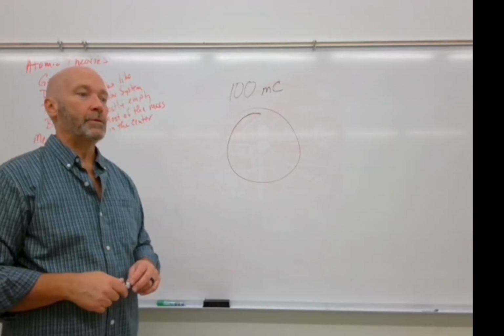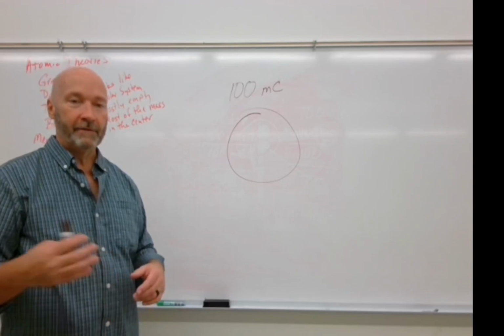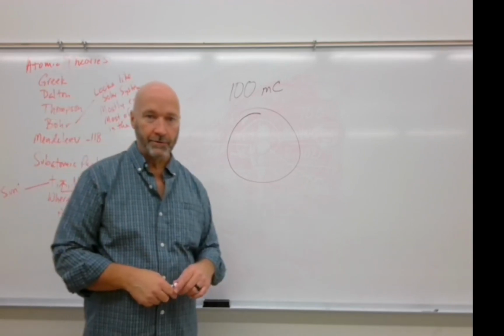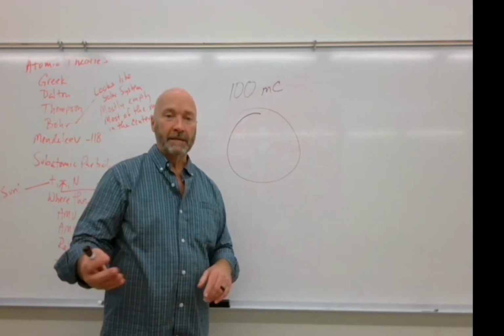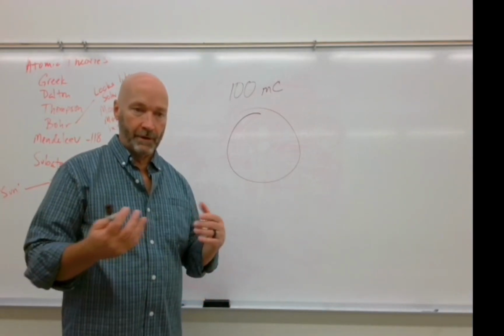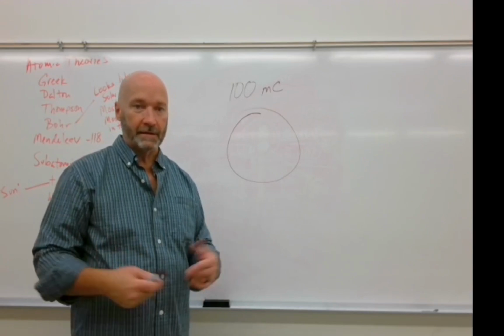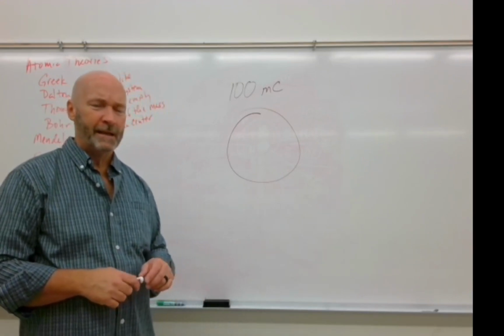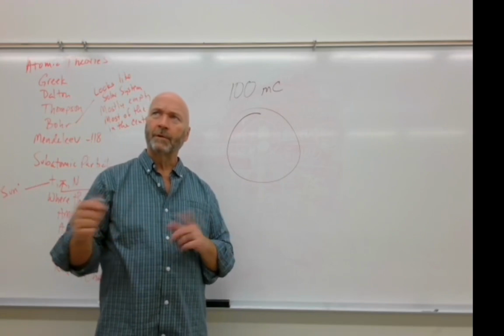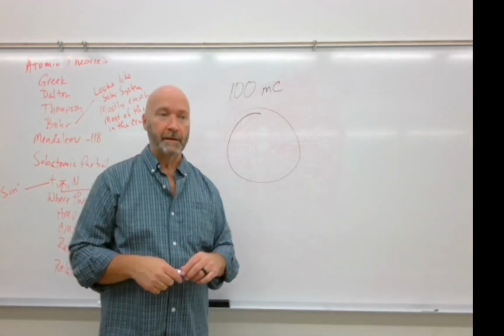Some isotopes of potassium have a half-life of 100,000 years or more. Carbon-14, which we use to radiometric date fossils and things like that, has a half-life of 5,184 years or something like that.